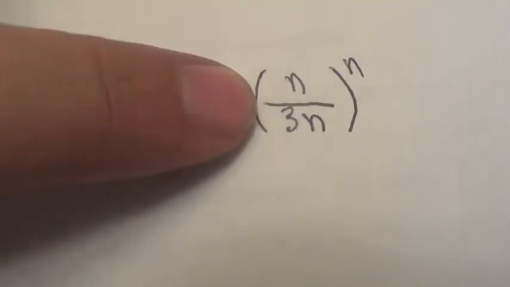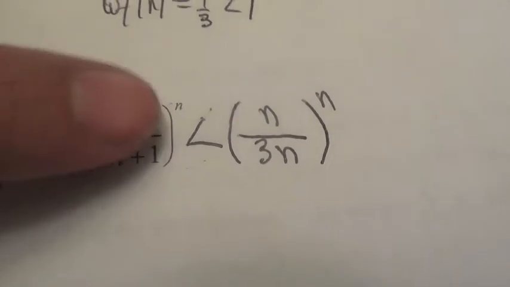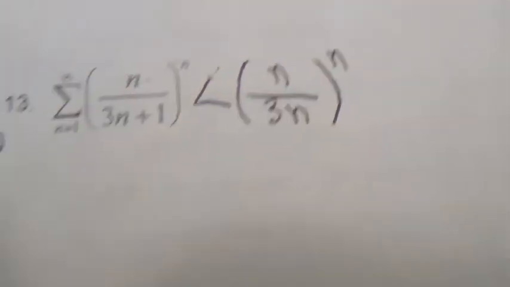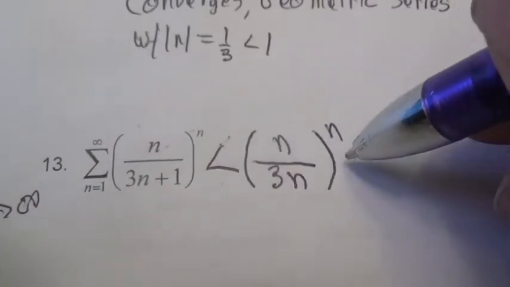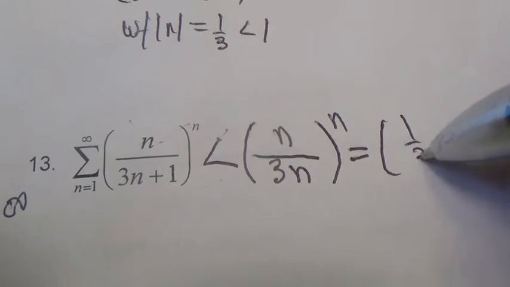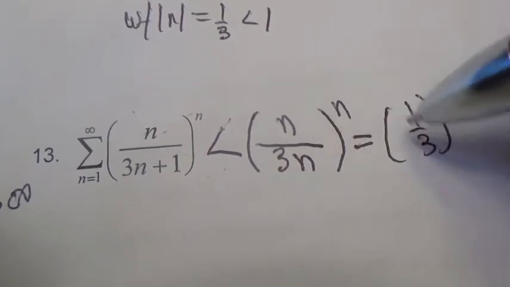Now, the way this looks doesn't do you a whole lot of good because we don't really know whether this thing converges or diverges, but what this really simplifies to is, the n's would cancel. These are equivalent expressions.